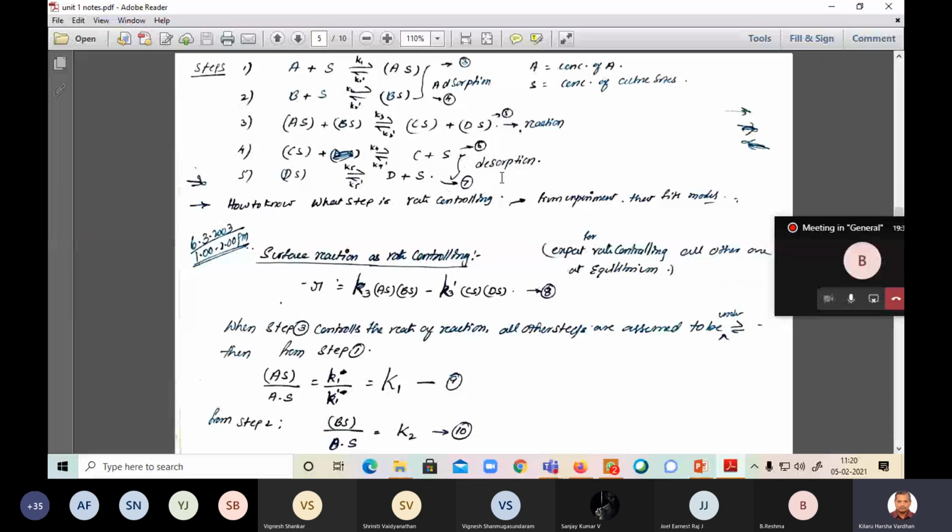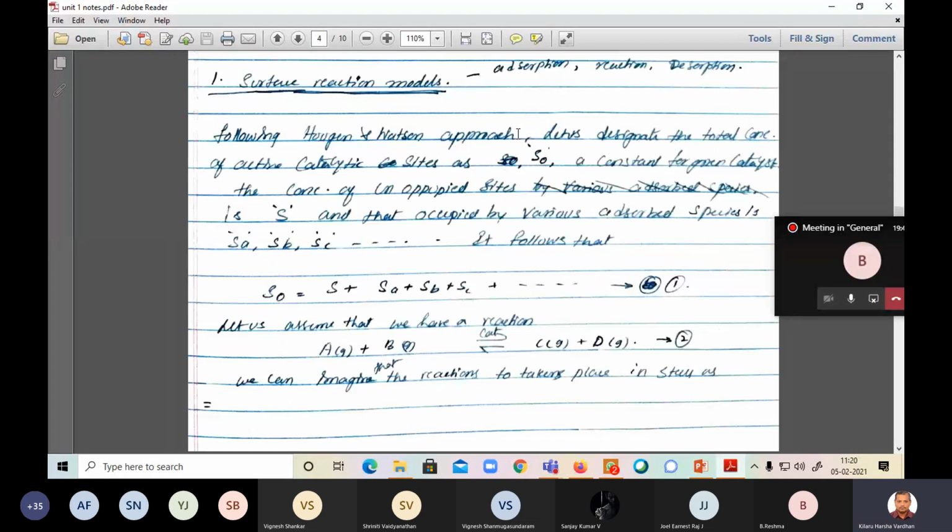These two steps are called desorption, the first two steps are called adsorption, and the third step is called reaction. So what we did is this reaction, A gas plus B gas giving you C gas plus D gas. We are assuming this occurs in a series of steps.